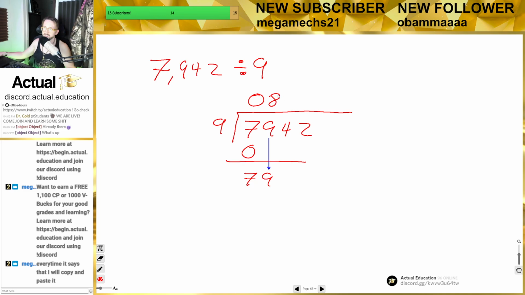And then I'm pretty sure we do 9 times 8. Good. Which would give us 72. And then you put the 72 down below the 79. Yes. And then you do 79 minus 72, which you're right is 7.